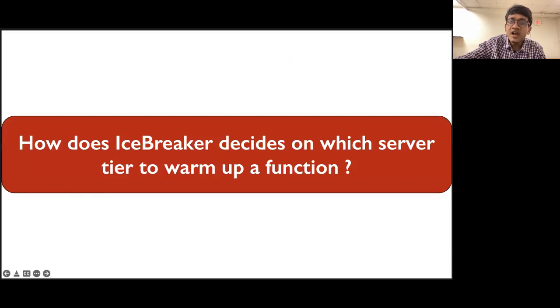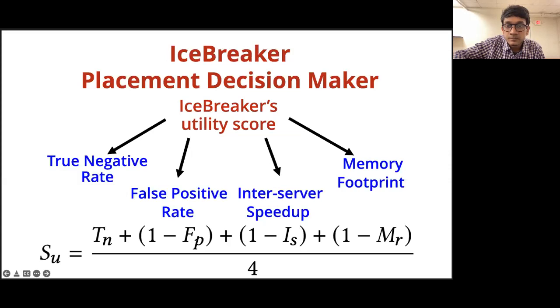Now, how does IceBreaker decide which server tier, the high-end server tier or low-end server tier, to choose for the warming up of a function? This is decided by IceBreaker's placement decision maker. The placement decision maker relies on a utility score by which it makes all of its decisions. So let's say a function has a very high true negative rate of occurrence by the function invocation predictor of IceBreaker.